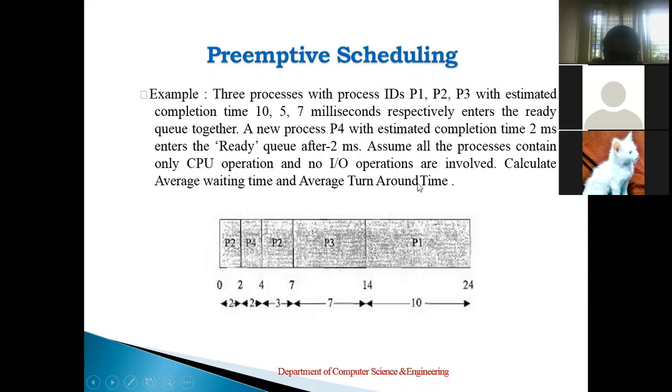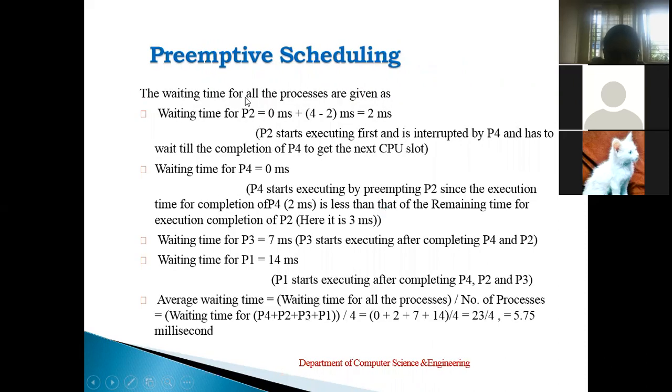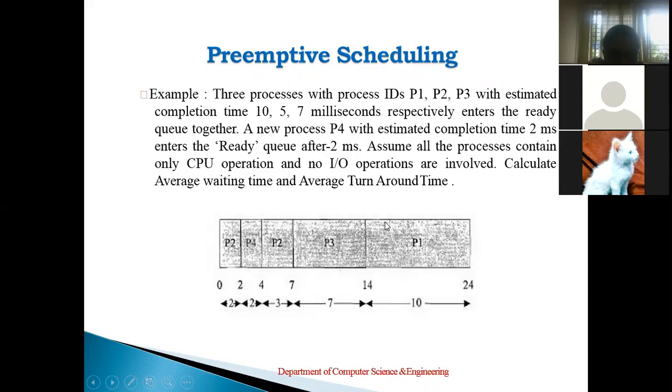So now what is the question asked? Calculate the average waiting time for each process. So we'll go here. Now, looking at the diagram, what is the waiting time for P4?